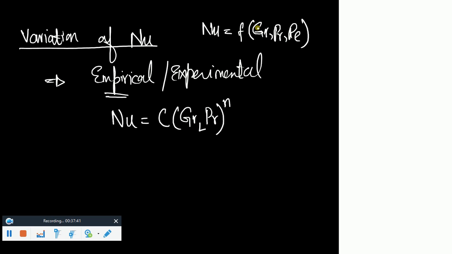In case of forced convection, you did not have this parameter, you had those two parameters. Now you have this parameter as well. Generally you would see that the Nusselt number would be dependent on this product. So this product is also known as the Rayleigh number.